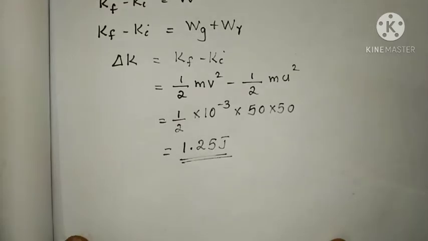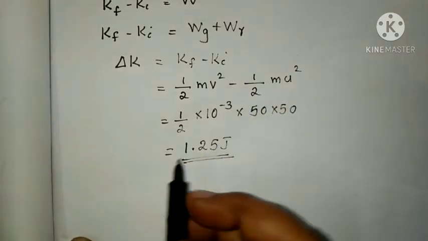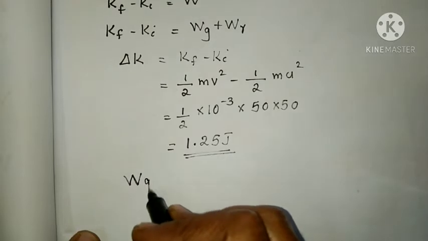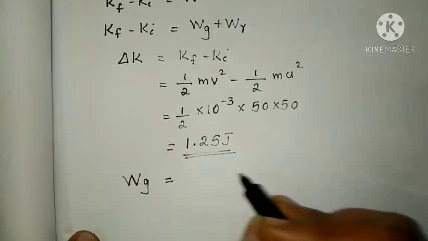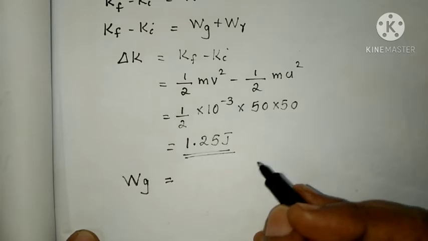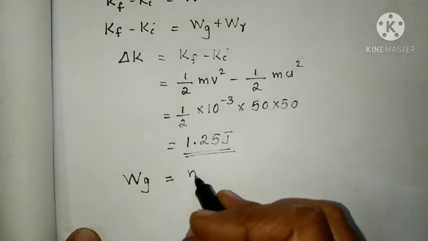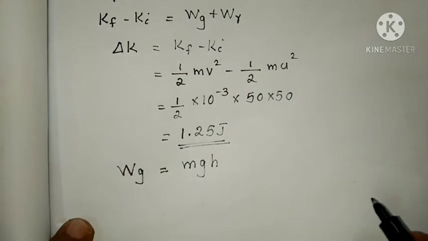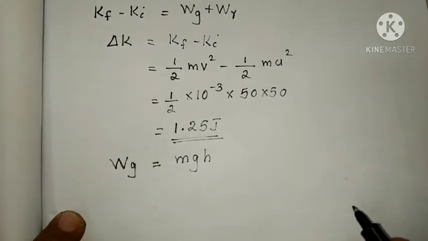Then we want to find out the work done by the gravitational force, that is Wg. This is equal to the gravitational potential energy that we studied in the next content, so we can write mgh. Here g is assumed to be 10 meter per second square.